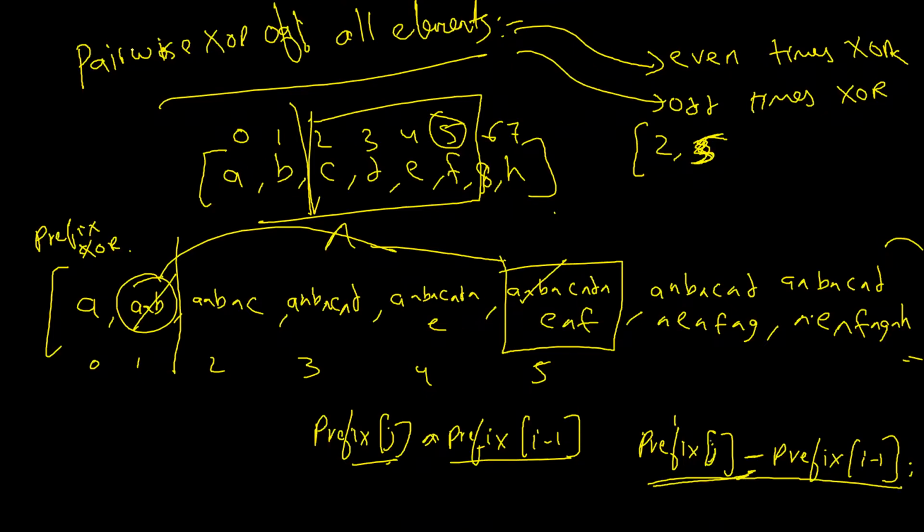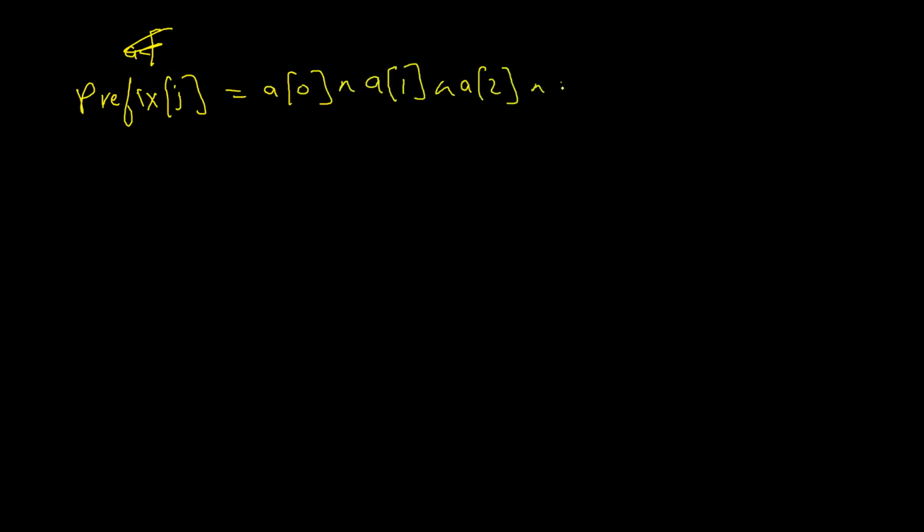Okay, let me explain in a simple manner. See, prefix of J here means A of 0, A of 1, A of 2, A of 3, right?